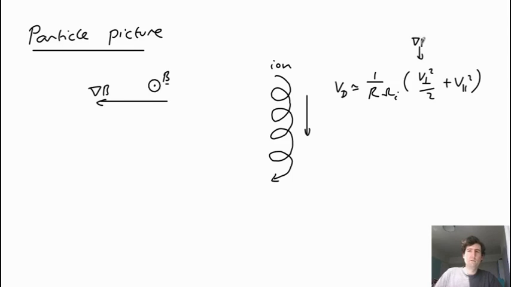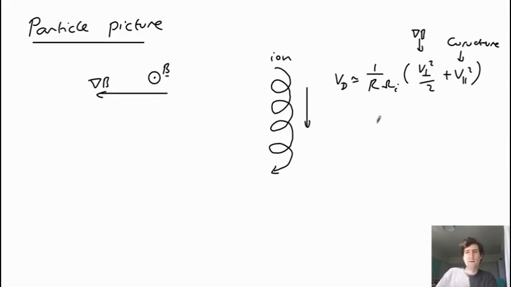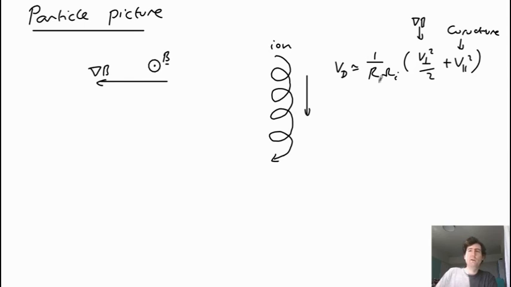So this is like grad-B, and this is the curvature. Both these contribute the same amount if it's isothermal, well, if the temperature in the perpendicular and parallel directions is the same. So there's this ion drift, and importantly, because it depends on the speed, it depends on the temperature. So this is proportional to the ion temperature.